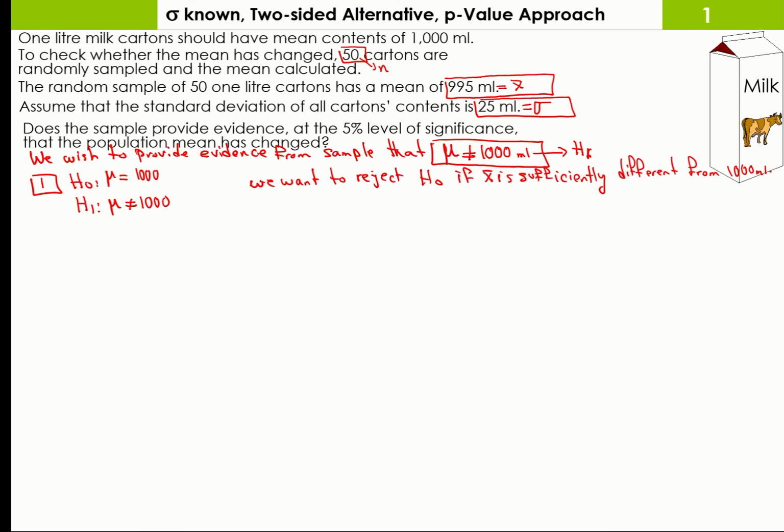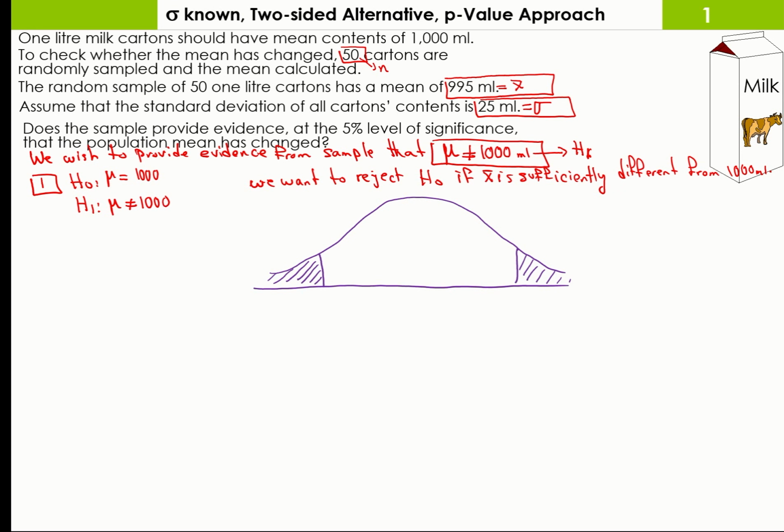Okay, so it means that we reject H0 if the mean is sufficiently smaller than 1000 or sufficiently larger than 1000.